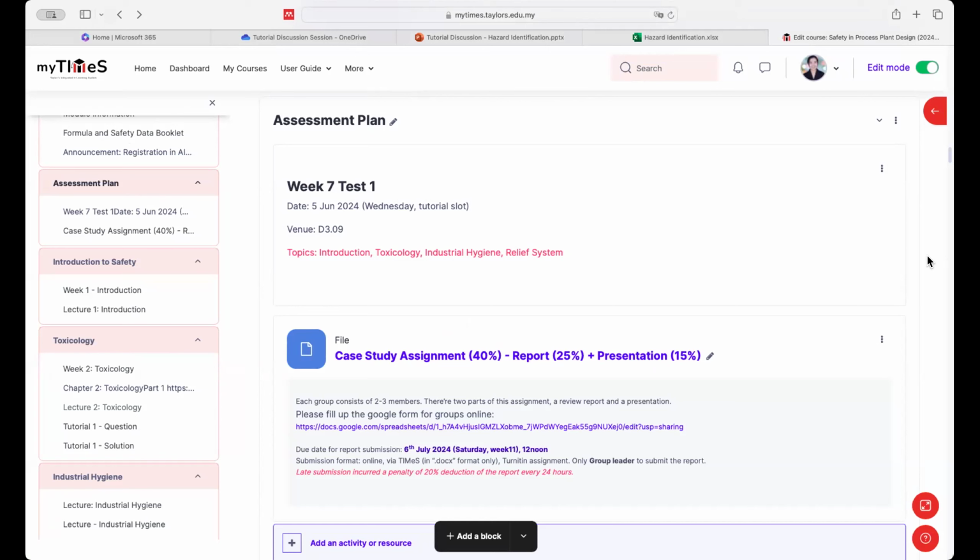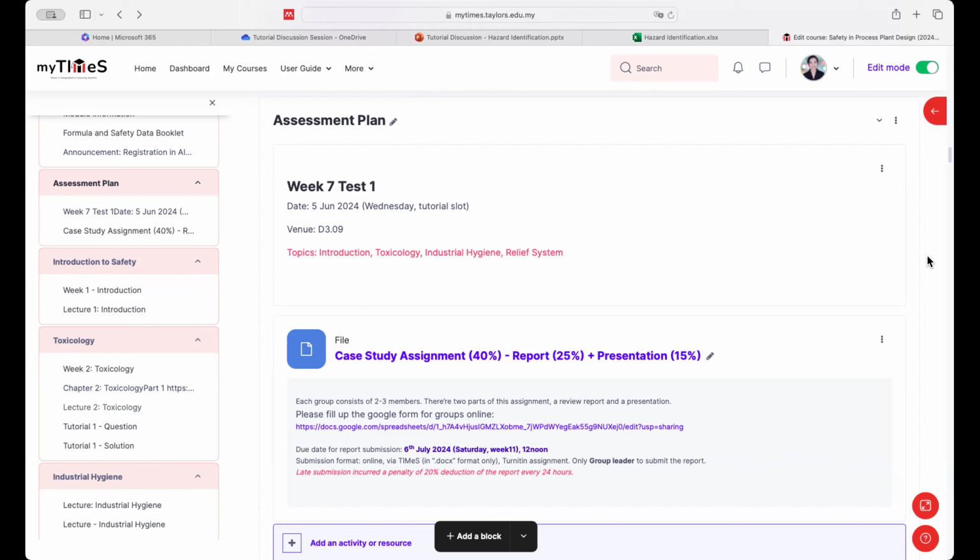The topics that we cover are introductions to safety, which include the OSHA indications, OSHA rate, there are a few calculations in chapter 1.